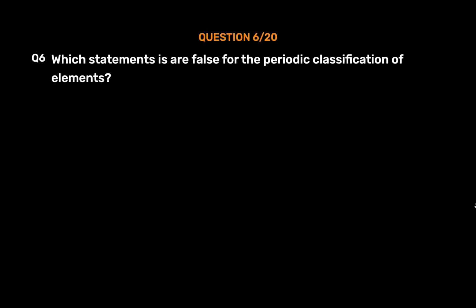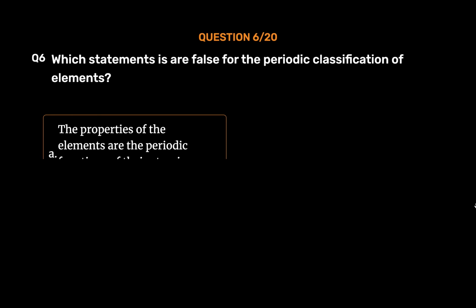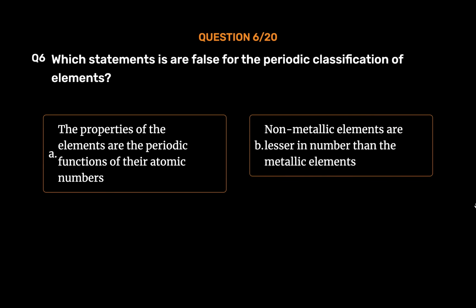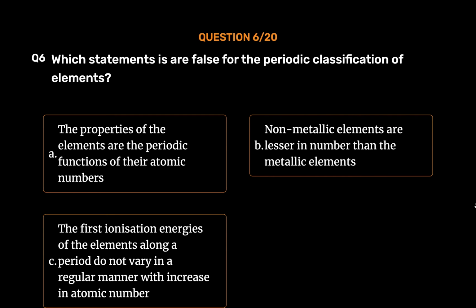Question number 6. Which statements are false for the periodic classification of elements? Option A. The properties of the elements are the periodic functions of their atomic numbers. Option B. Non-metallic elements are lesser in number than the metallic elements. Option C. The first ionization energies of the elements along a period do not vary in a regular manner with increase in atomic number.